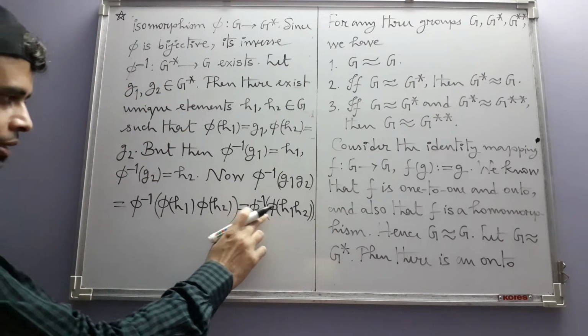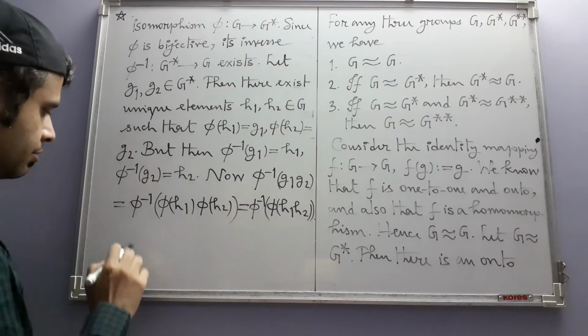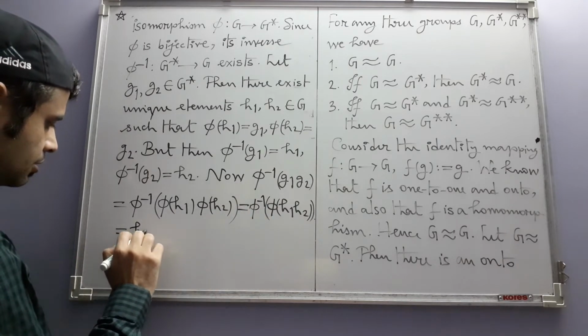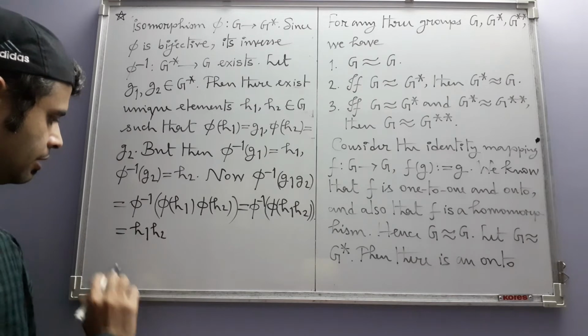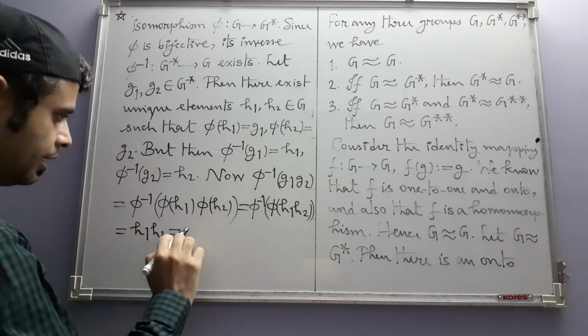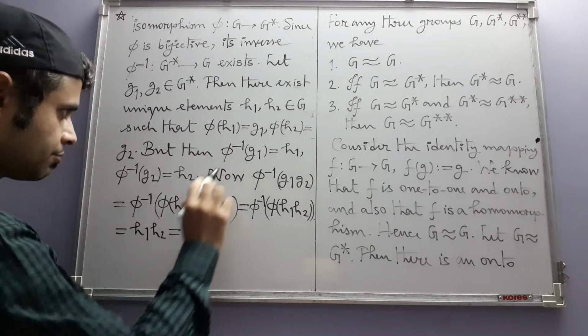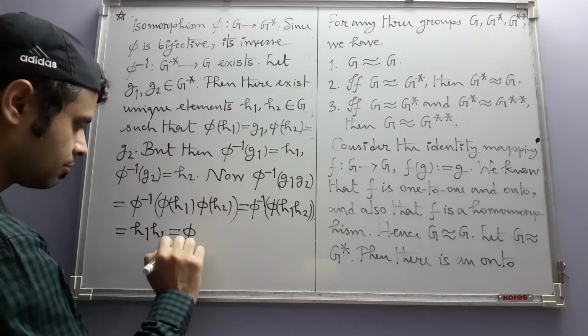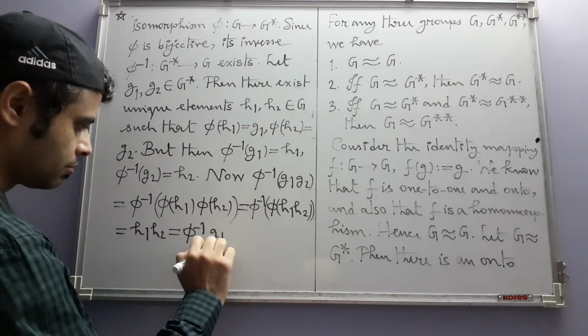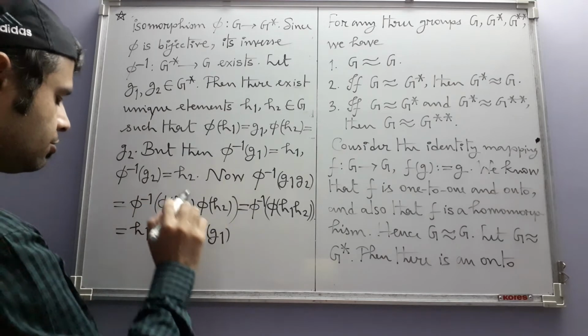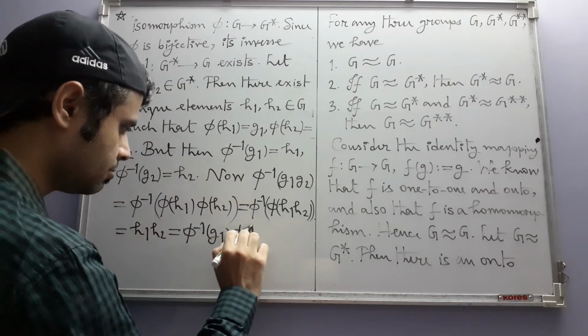Now you use the fact that we have phi inverse and phi. So this is equal to H1 H2. But H1 is phi inverse of G1 and H2 is phi inverse of G2.